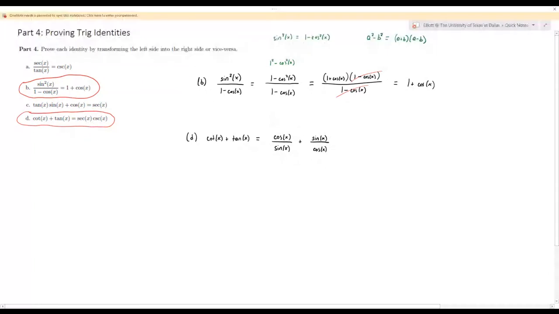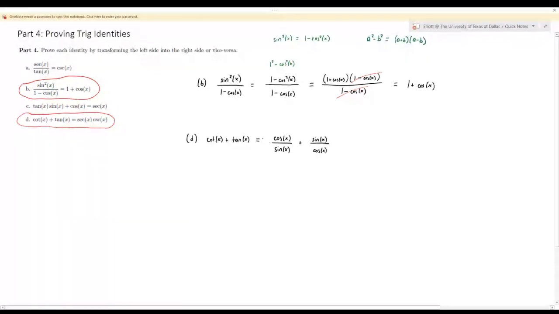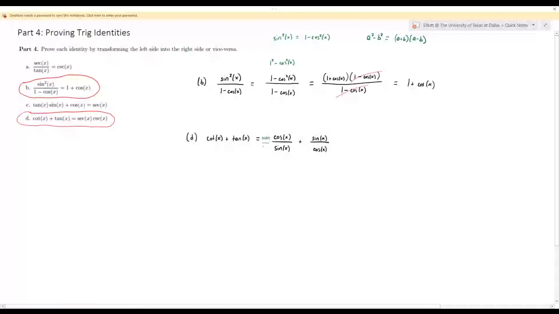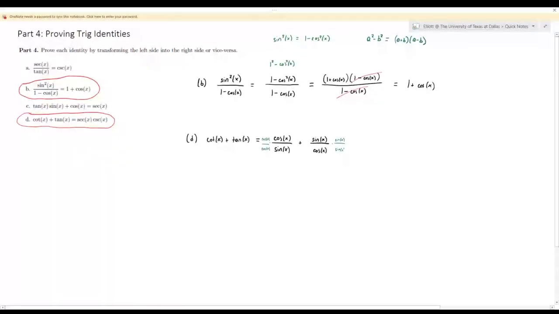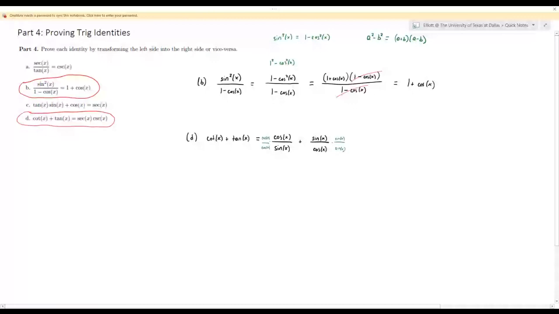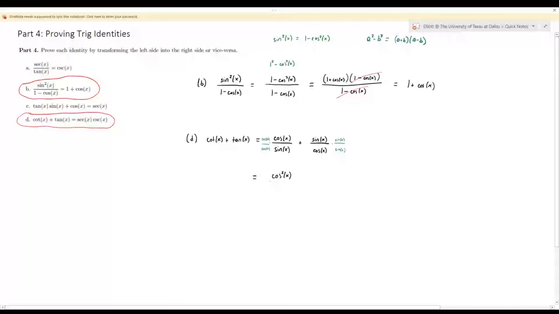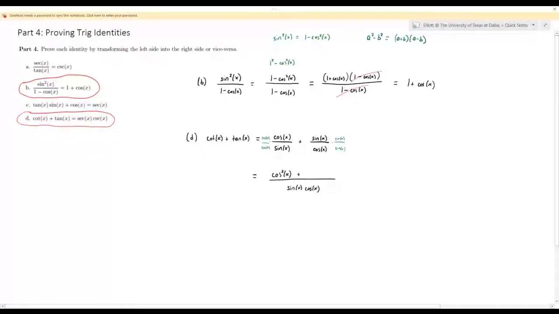We should multiply this one top and bottom by cosine, and this one top and bottom by sine. That will leave us with cosine squared x over sine times cosine, plus sine squared over the common denominator.